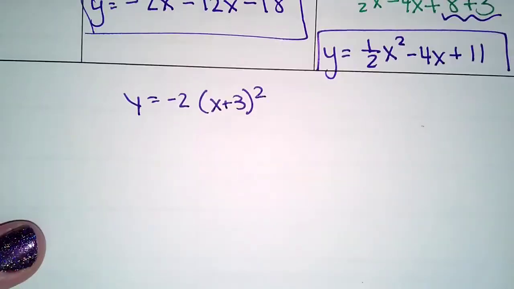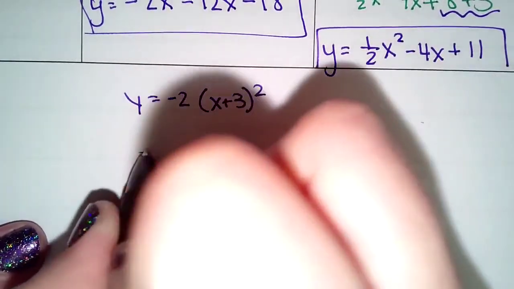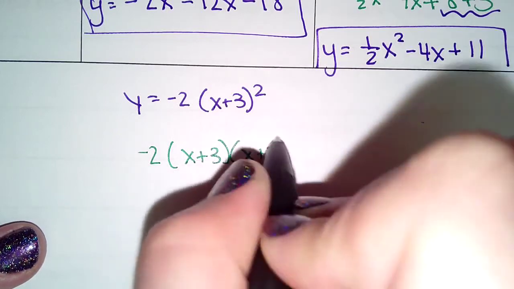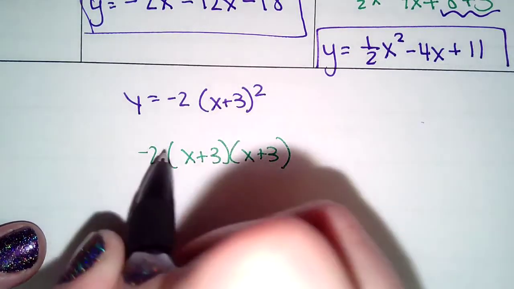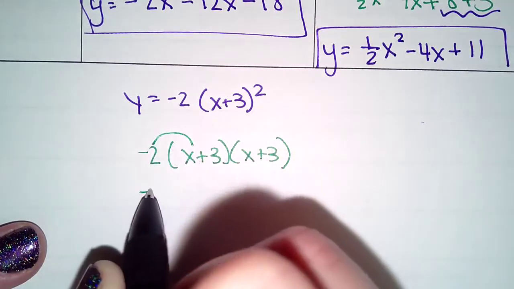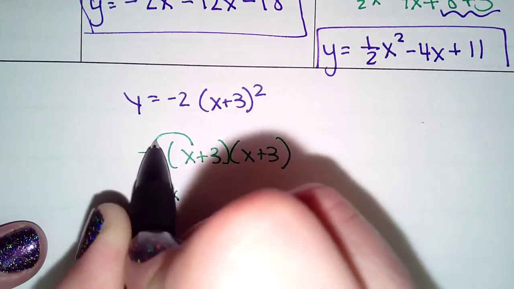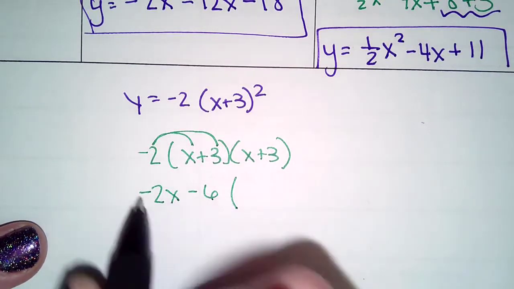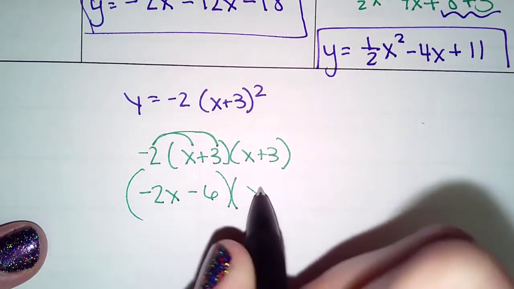So first thing I would do is expand the parentheses still. Then distribute in the -2. So -2 times x is -2x. -2 times 3 is -6. And we still have all of this multiplied by x plus 3.